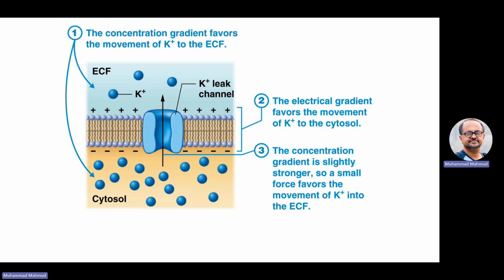So you see two forces here. According to the concentration gradient, it tries to go outside, but due to the electrical gradient, it tries to go inside. Ultimately, the concentration gradient is slightly stronger, so a small force favors the movement of potassium into the extracellular fluid.